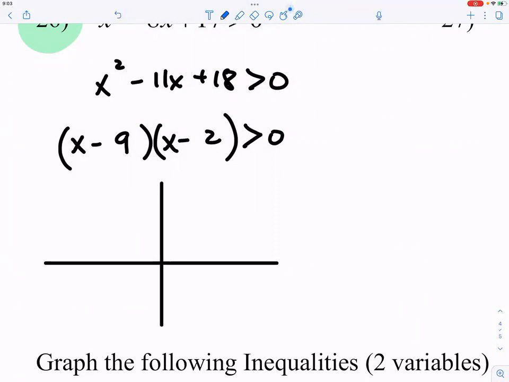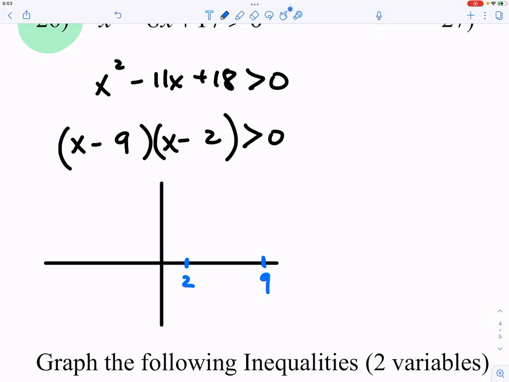What can you tell from the left? This is the root form. What does it tell you? The x-intercepts. Very good. So you have 2 and 9 right here.